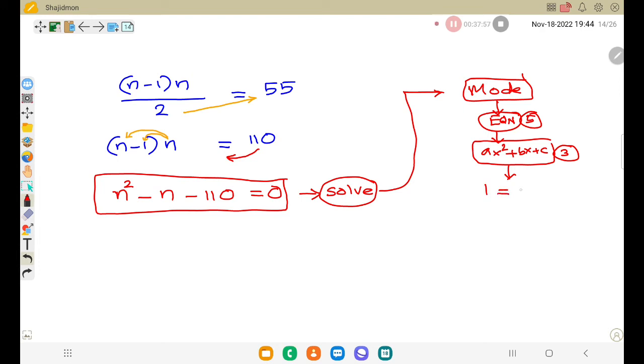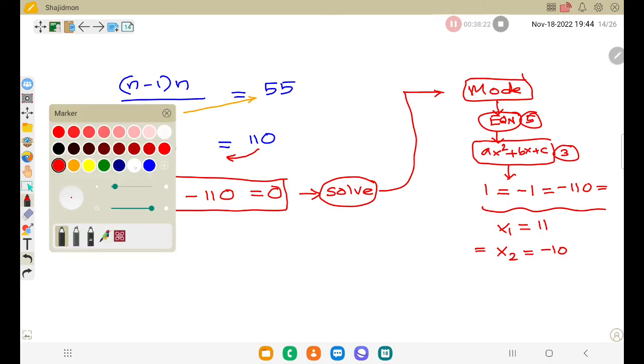After that b, enter minus 1, press equal to. After that the constant, minus 110, and press equal to. So the calculator shows x1 equal to 11 and x2 equal to minus 10.